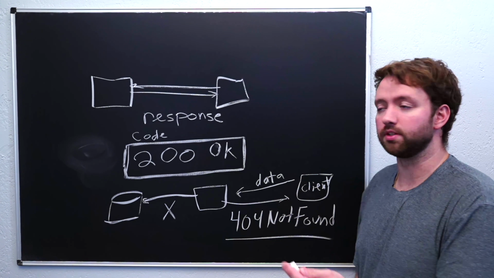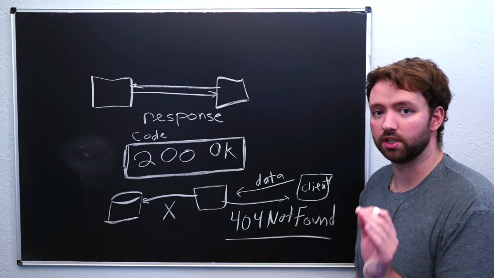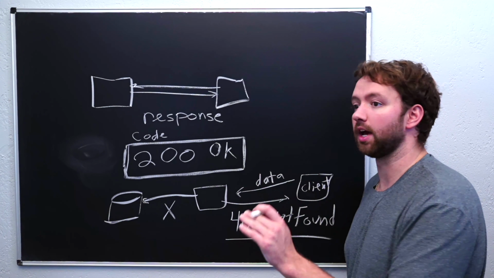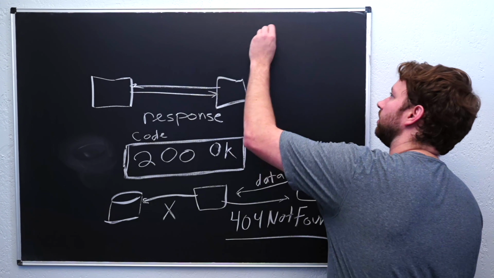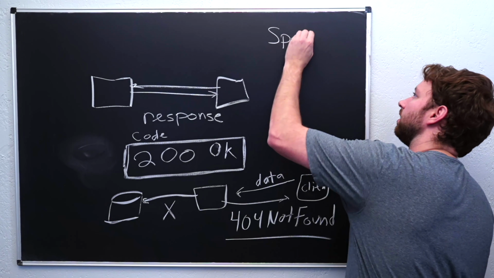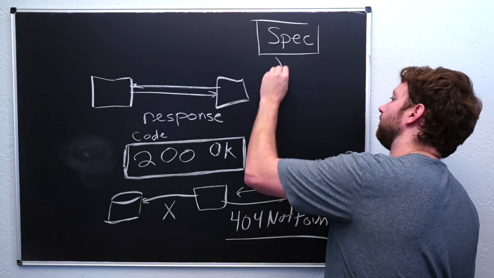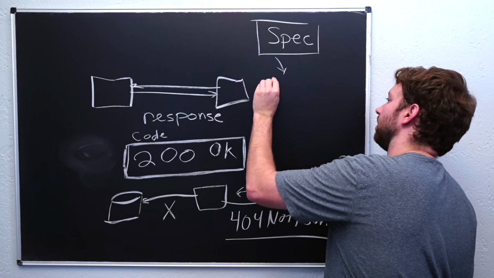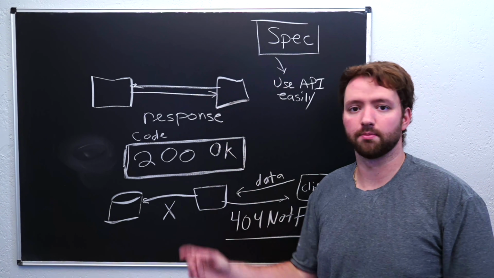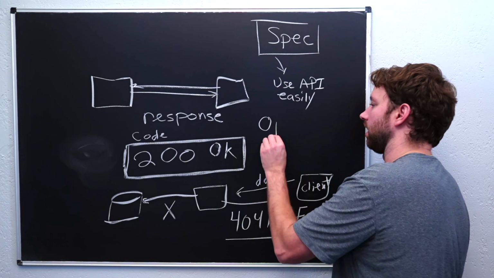There are just conventions and approaches that if you follow, you will create an API that people already know how to use. Additionally, you can follow a spec or a specification, and this will allow for very easy consumption of your API. The most common example of this would be an OpenAPI spec.